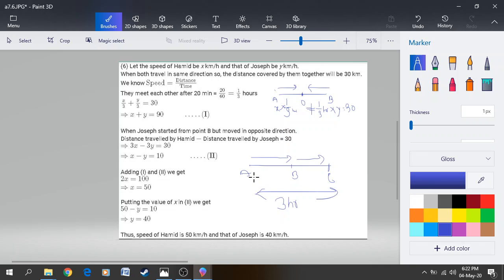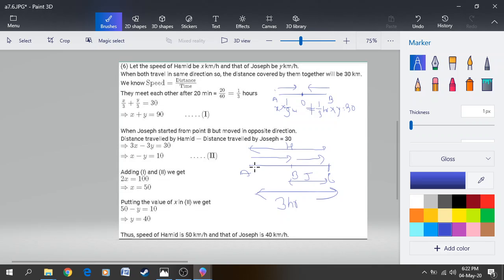So distance traveled by Hamid. What is distance traveled by Hamid? A to C, right? This is Hamid, H, right? And distance traveled by Joseph. What is distance traveled by Joseph? Which is this.